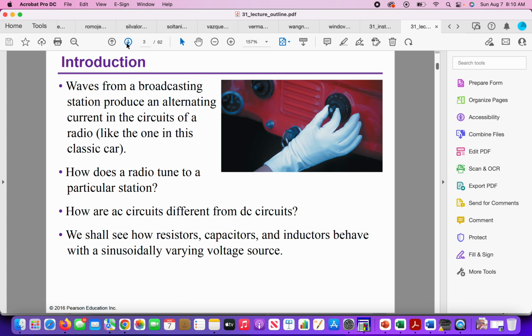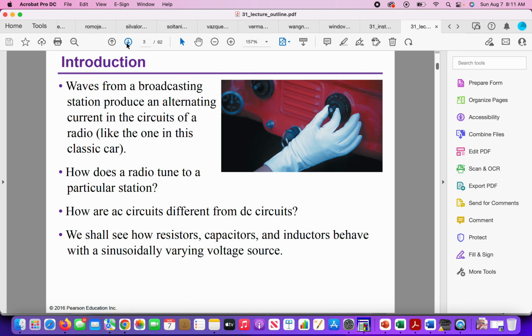Now, the picture is showing an old-fashioned car radio where you have that tuning knob, and you are trying to receive the waves from your favorite channel. How does a radio tune to a particular station, and how are AC circuits different from DC circuits?